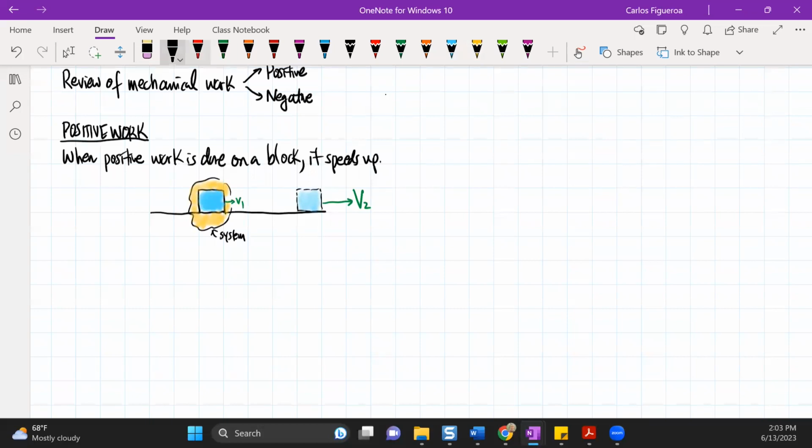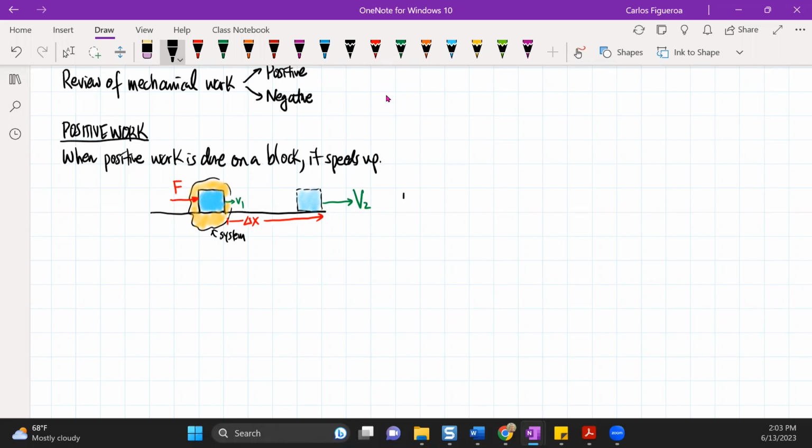The reason the block sped up here is that there was work done. In other words, there's a force. That force is applied over some distance. Because the force and the displacement are in the same direction, I have positive work done.